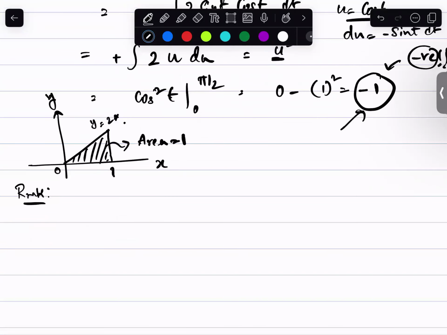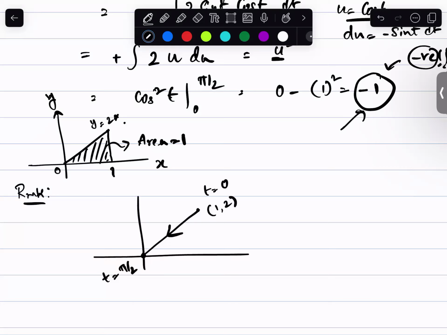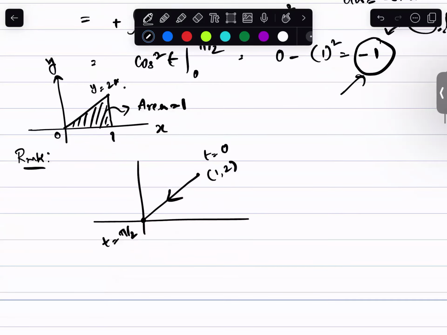The reason is, if I try to draw using the parametric equation, then though I'll get the same sort of graph, at t equal to pi over 2 my particle will be here, and at t equal to 0, my particle will be there. So my direction is this. If I come from this side to this side, x is decreasing, right? But along this path, when x is decreasing, t is increasing, right?